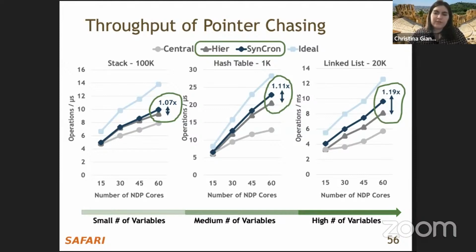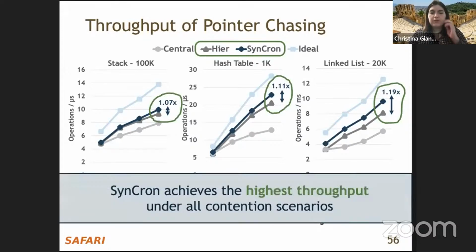All these synchronization variables are now accessed using the low-cost synchronization table. Therefore, we conclude that in many different contention scenarios, even with low, medium, or high contention, Synchron provides the best performance and achieves very high throughput.